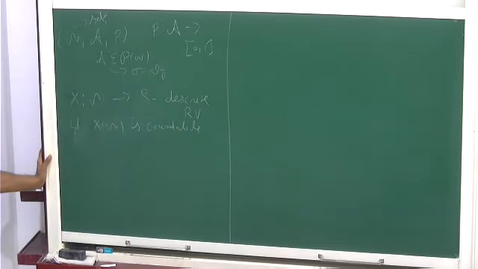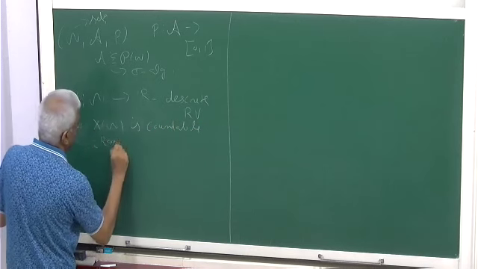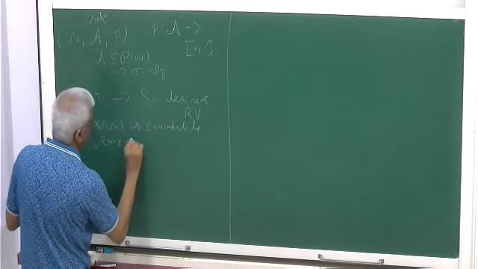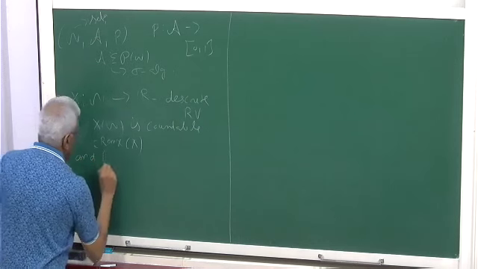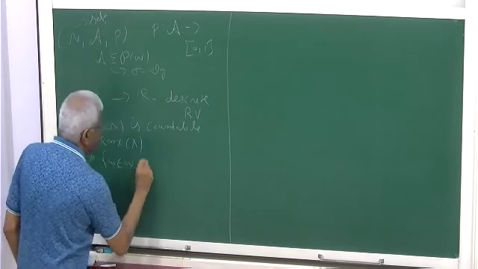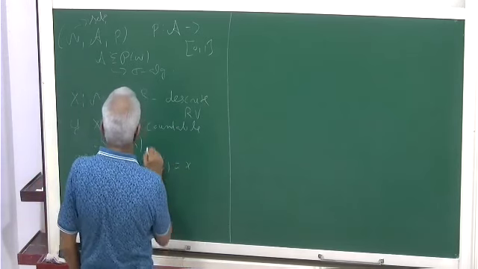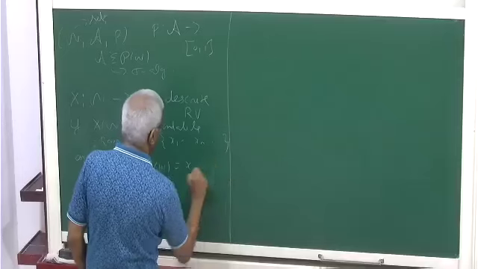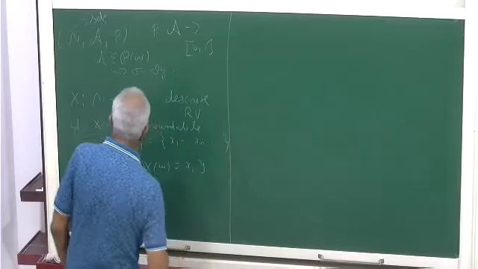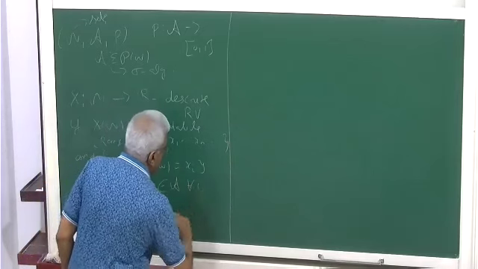It is a discrete random variable if X of omega, the range of X, is countable, and the set of all omega in omega such that X of omega equals some x_i, where the range is x_1, ..., x_n, is in A for all i.